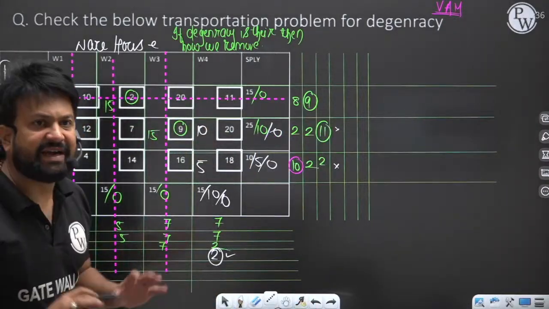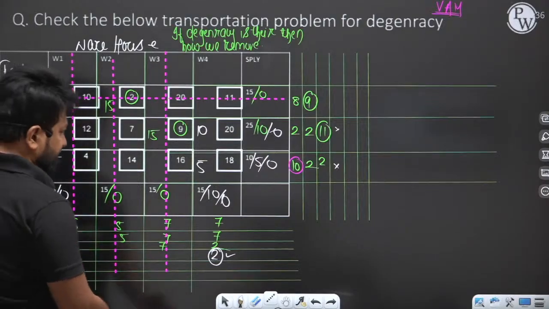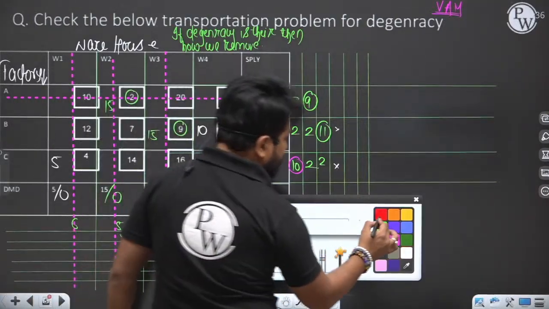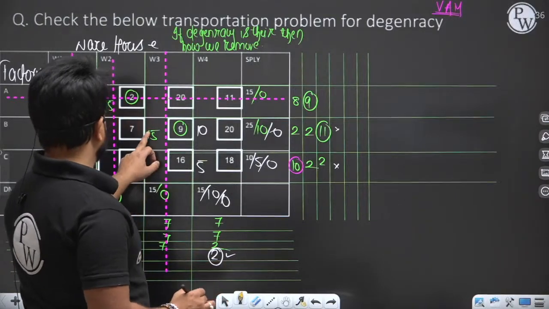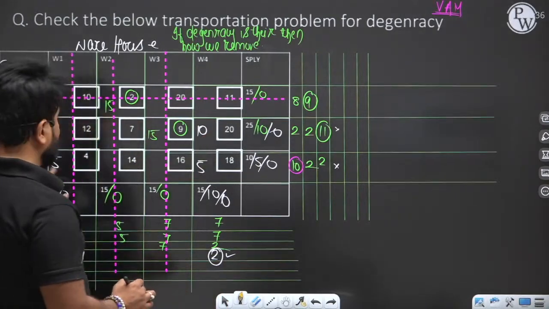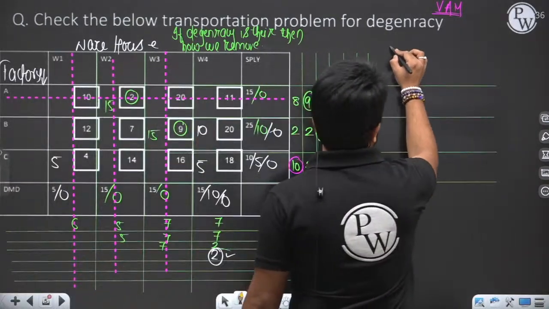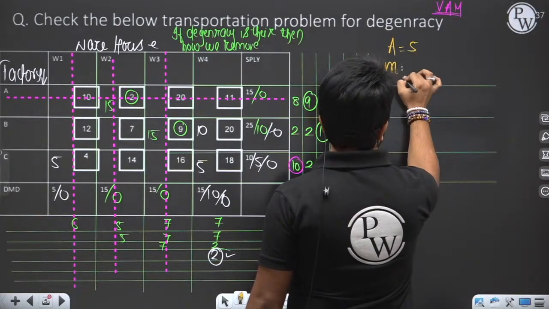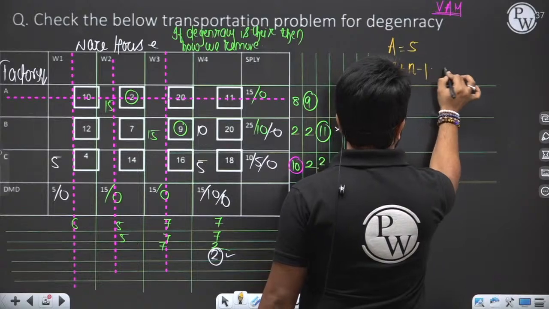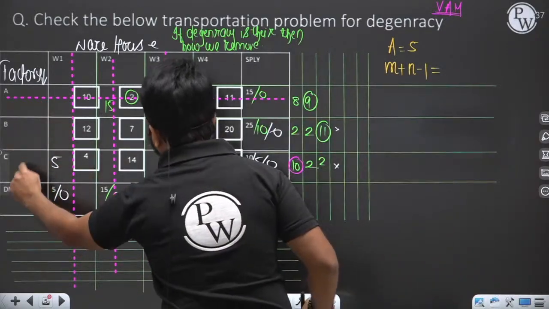So is that clear? How many allocations have you seen, my dear? Number of allocations: 1, 2, 3, 4 and 5. Here the number of allocations is 5. Required number of allocations is m plus n minus 1. M is 1, 2, 3.